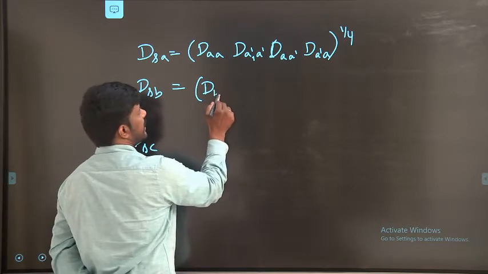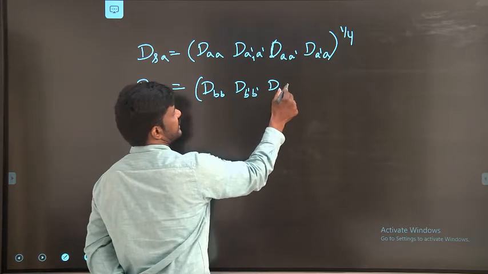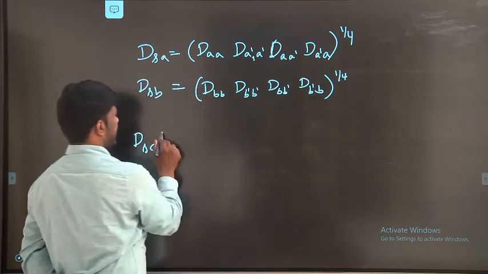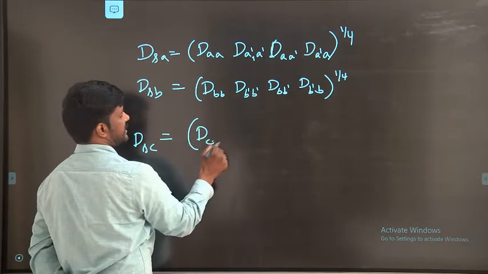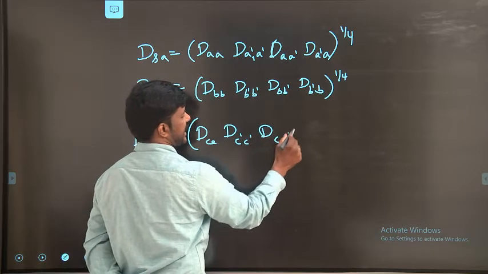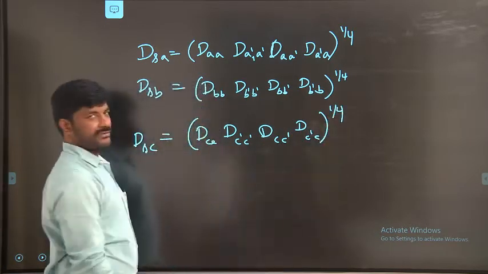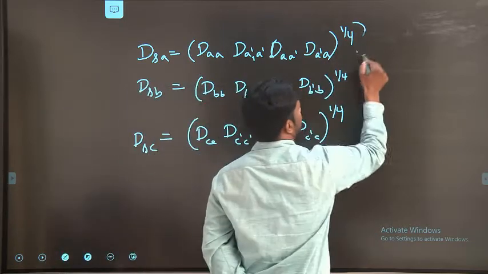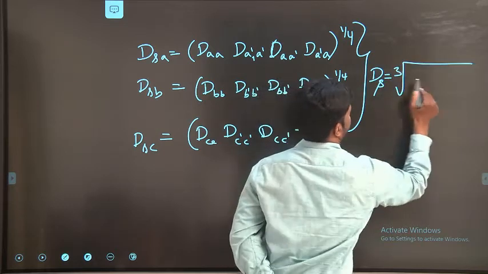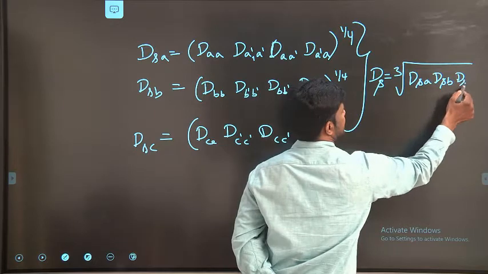Then what we get is BB, B dash B dash, B B dash, B dash B, to the power 1 by 4. DSC is CC, C dash C dash, C C dash, C dash C, to the power 1 by 4. With all these three, you will get ds overall, which is equal to cube root of DSA, DSB, DSC. This is the summary.